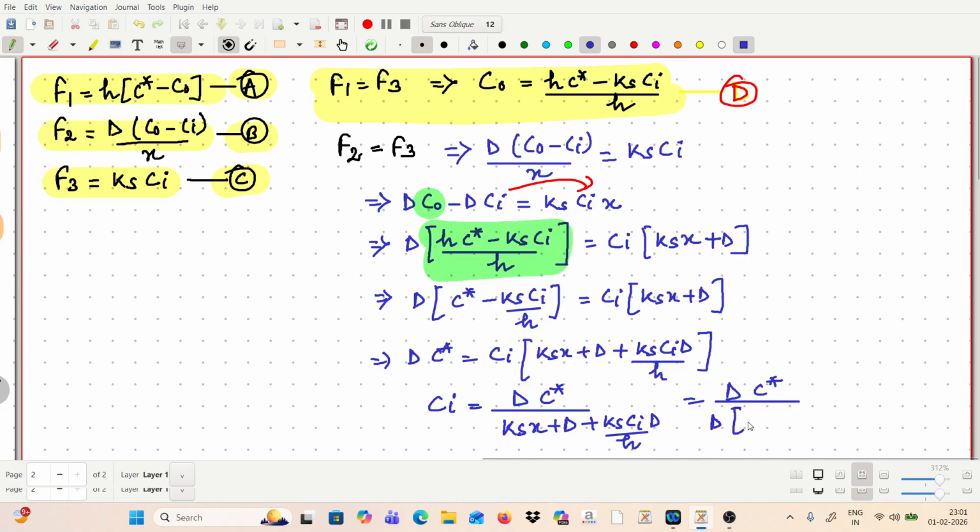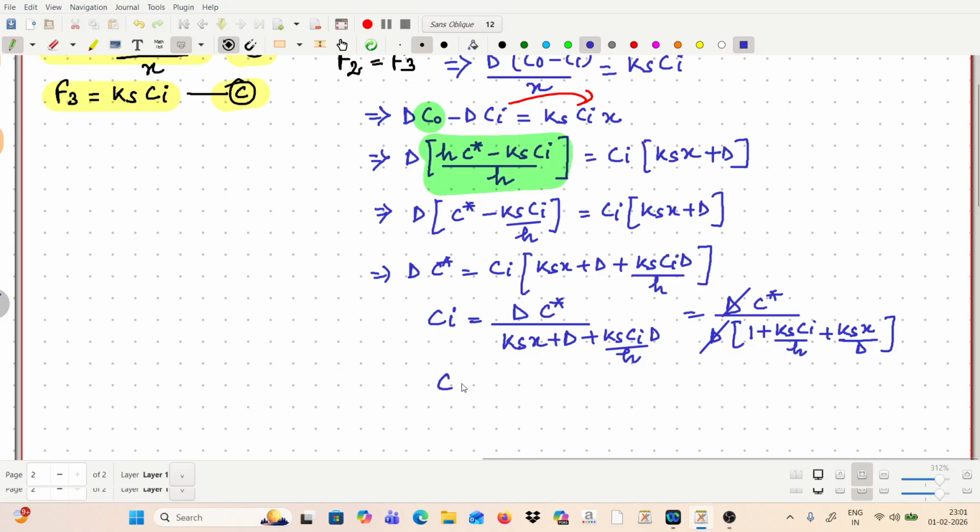If we take D common, 1 plus KS CI by H plus KSX by D. So this D and D will be cancelled out.